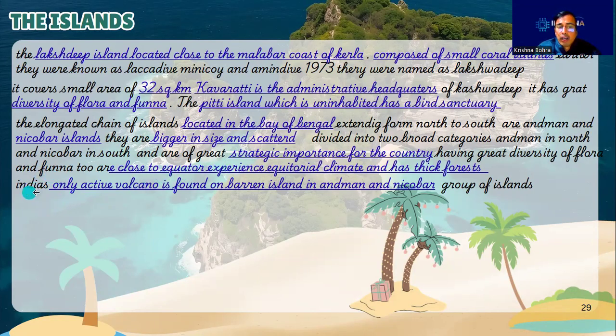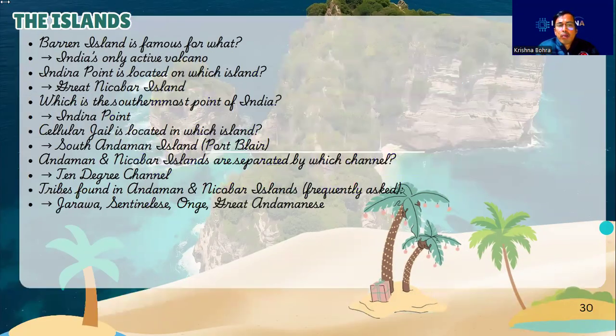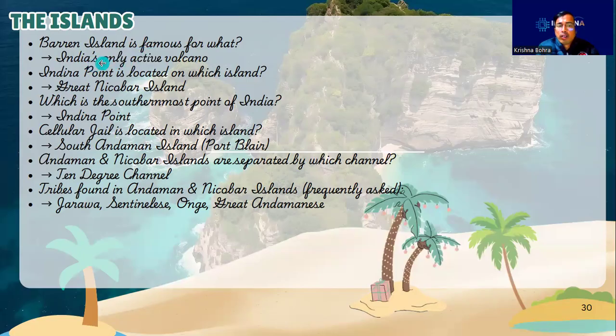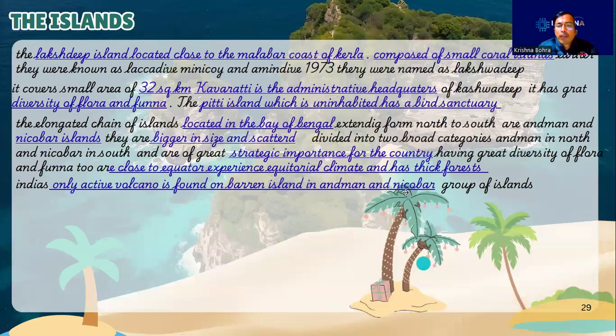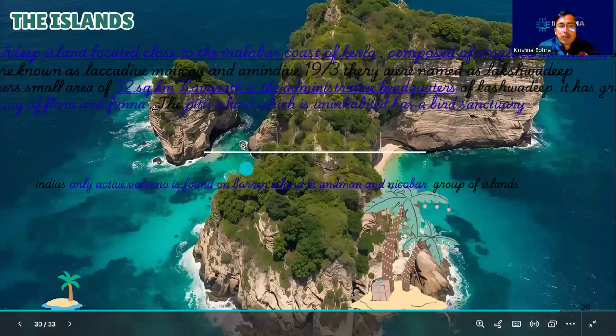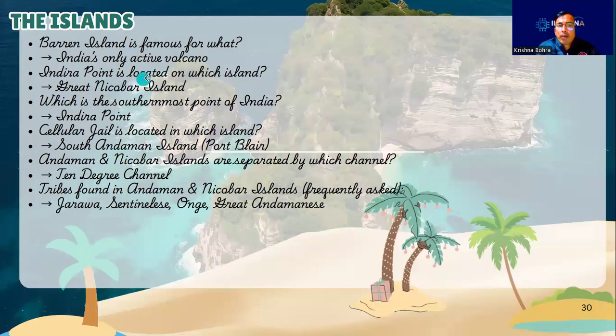India's only active volcano is found on Barren Island in the Andaman and Nicobar Islands. This is again an important fact you can remember. Barren Island is famous because it is India's only active volcano, and it is located on the Andaman and Nicobar side, that is in the Bay of Bengal. Indira Point, the southernmost point of India, is located on Great Nicobar Island.